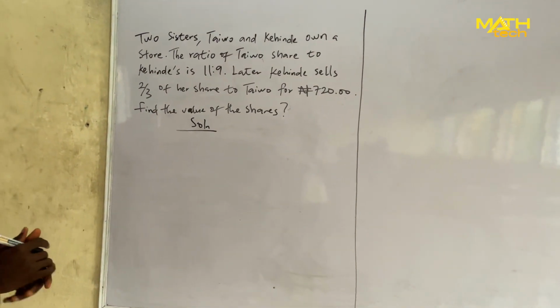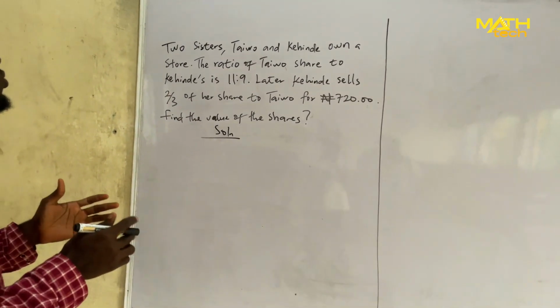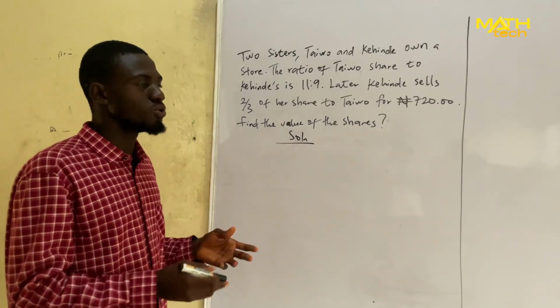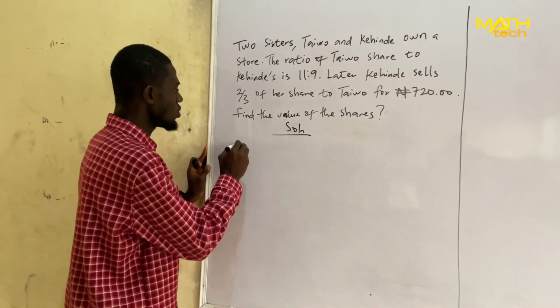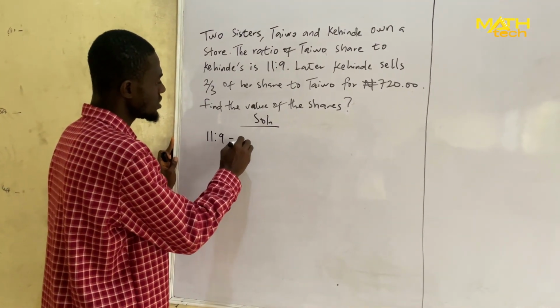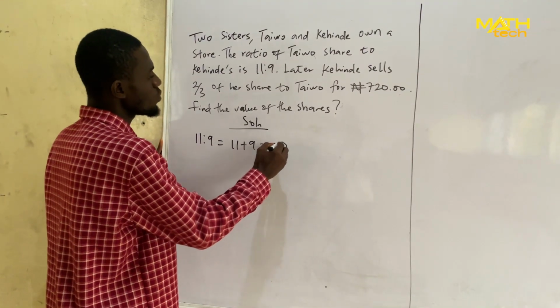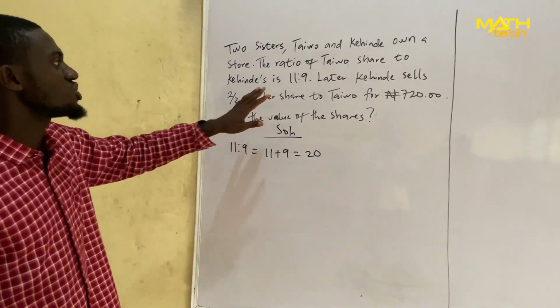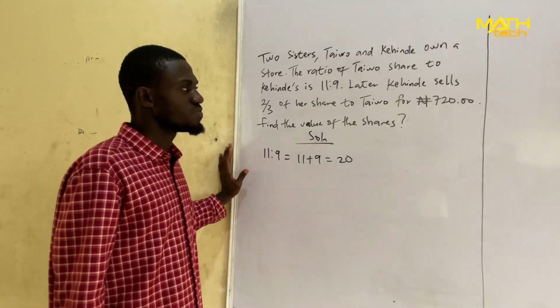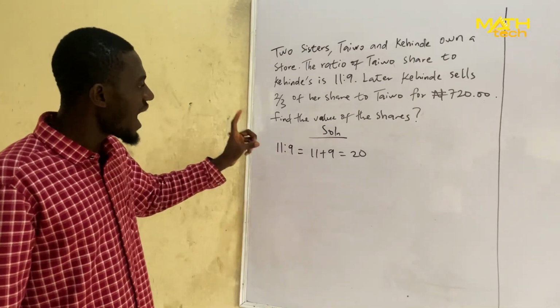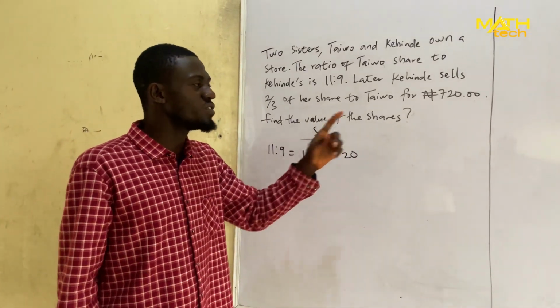Now the solution. First of all, we look at the total sum of the ratio. Our ratio here is 11:9, and this will be equal to 11 plus 9, which is 20. So the sum of this ratio is 20. Now, we are asked to find the value of the share.